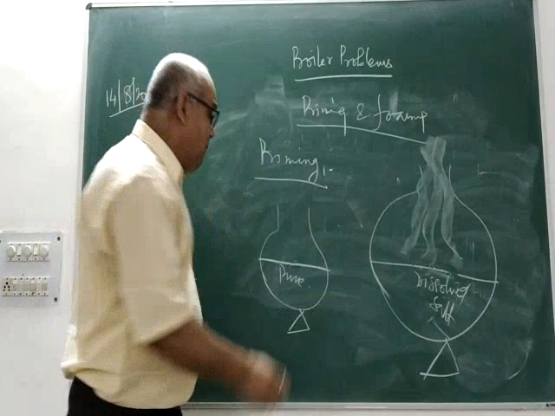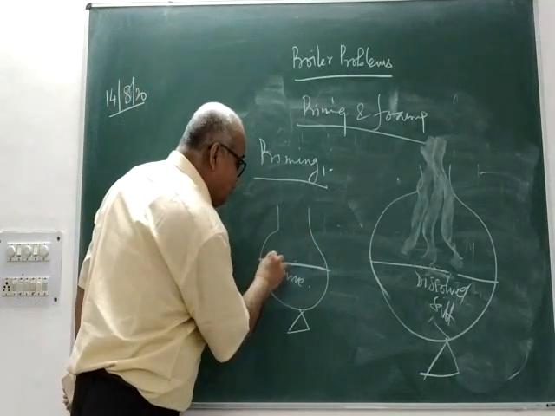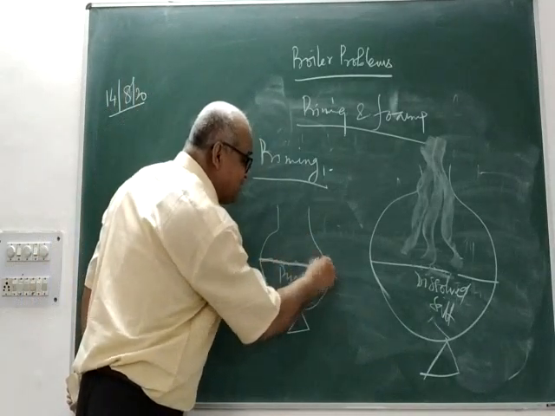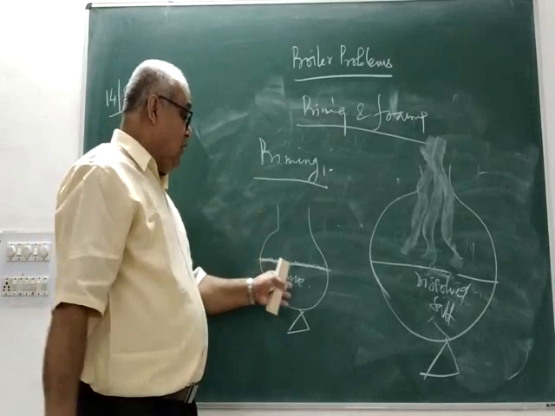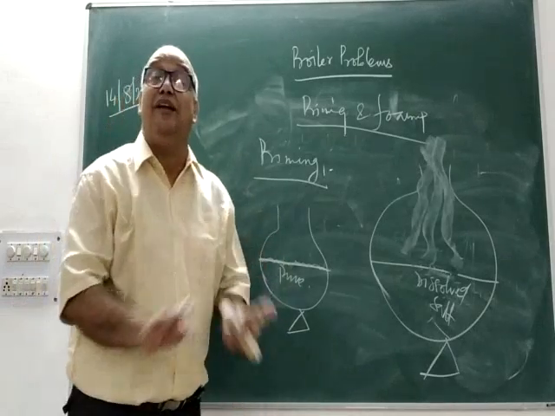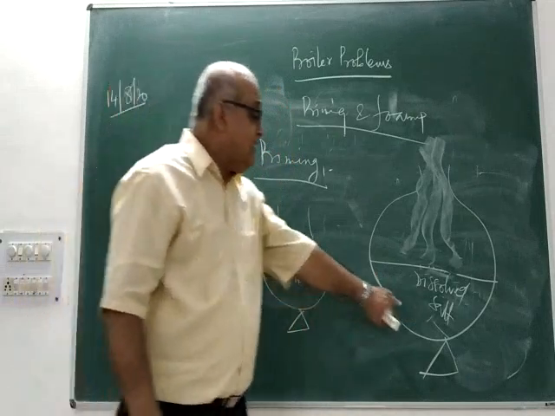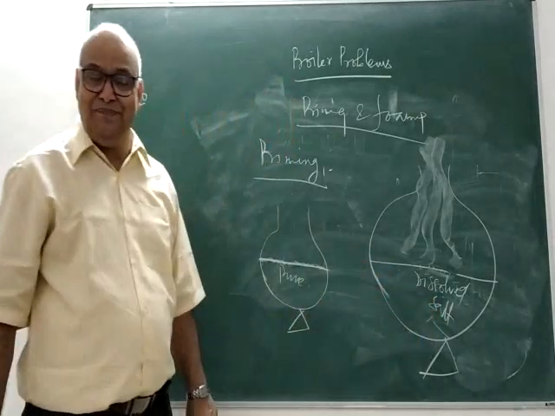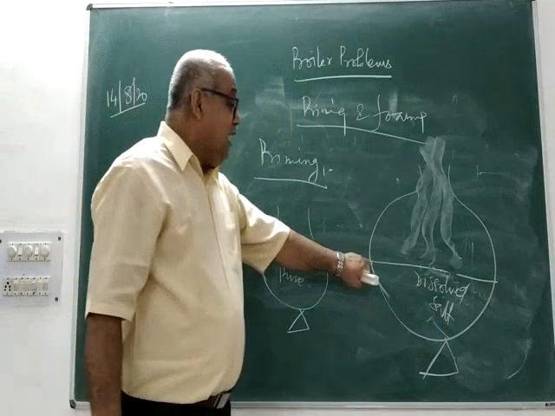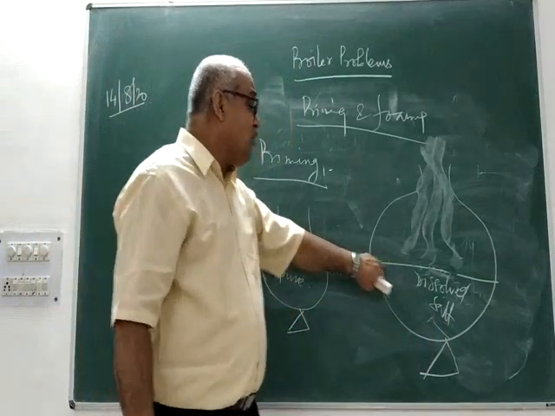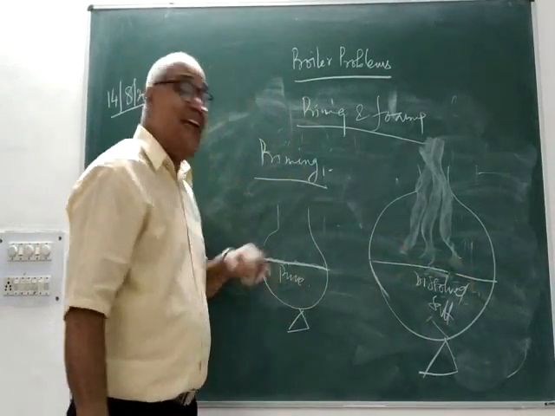Very small bubbles will appear and they will break down immediately. Water is very, very pure, free from any kind of salt. But here, since water contains dissolved salt, the water bubbles that will be produced on the surface will not be exactly the same.